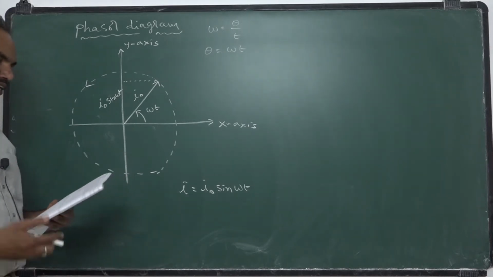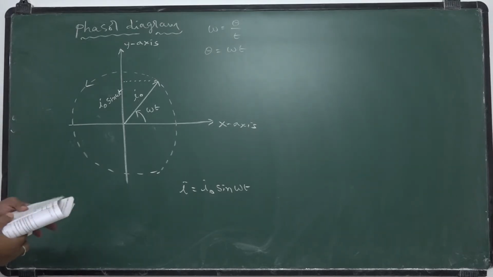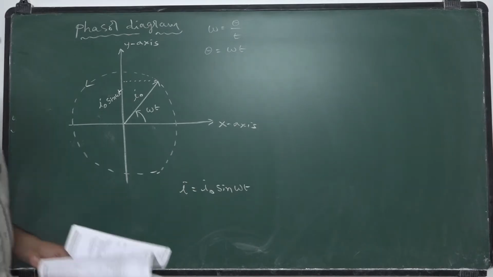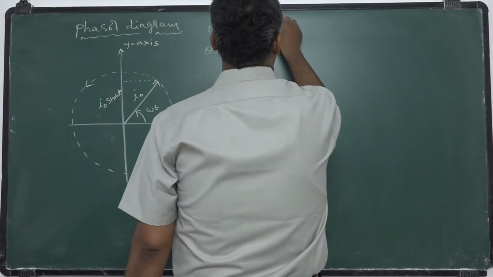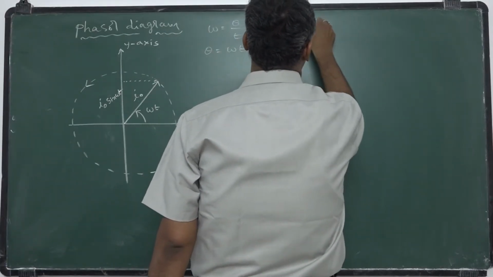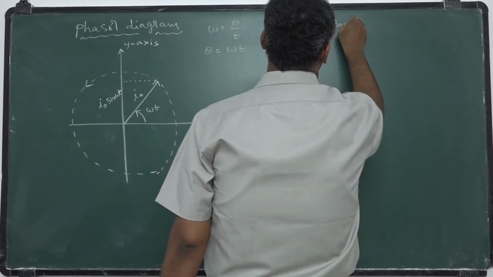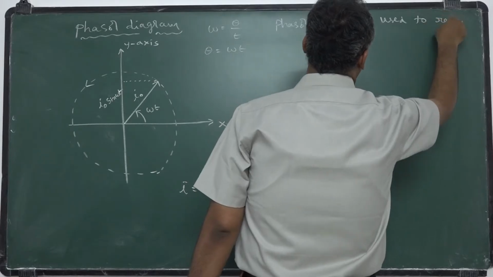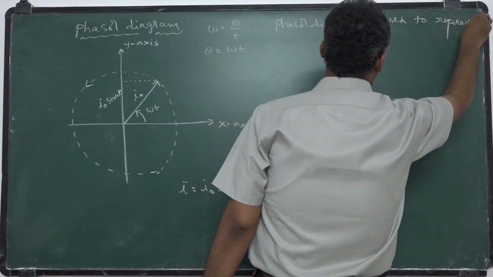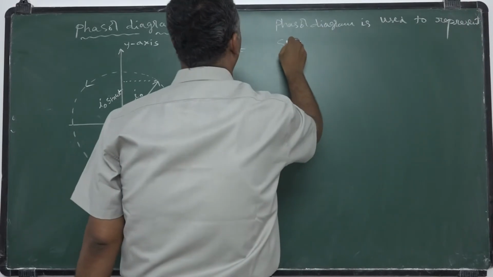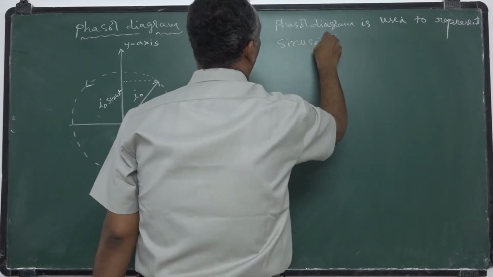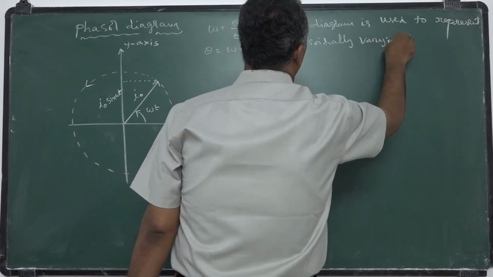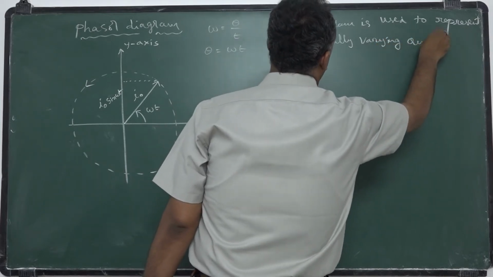Now let me state some important points related to the phasor diagram. The first point you should understand: phasor diagram is used to represent a sinusoidally varying quantity.